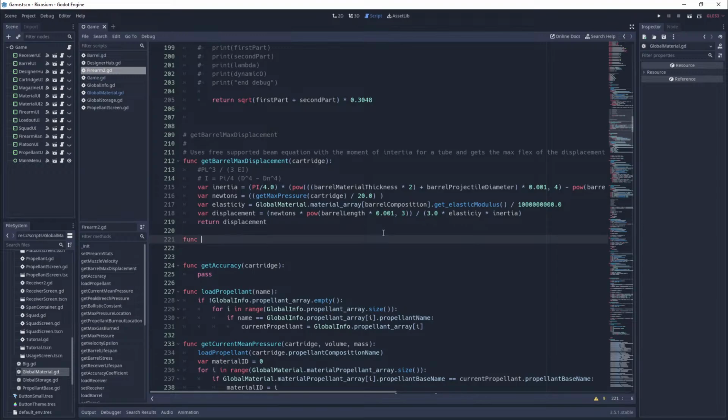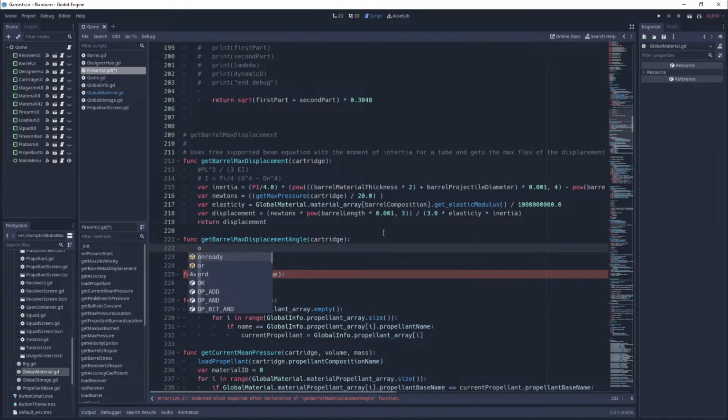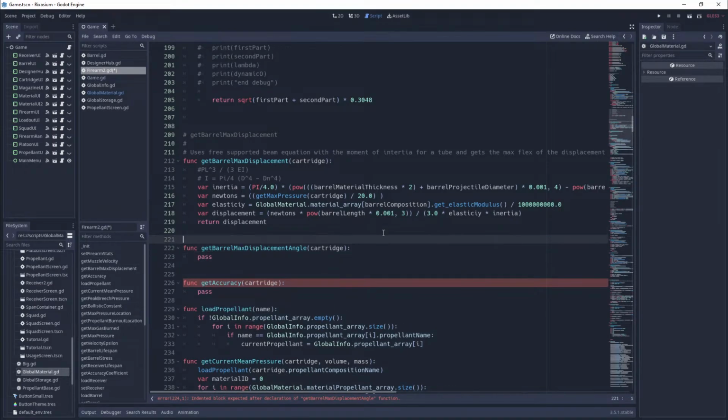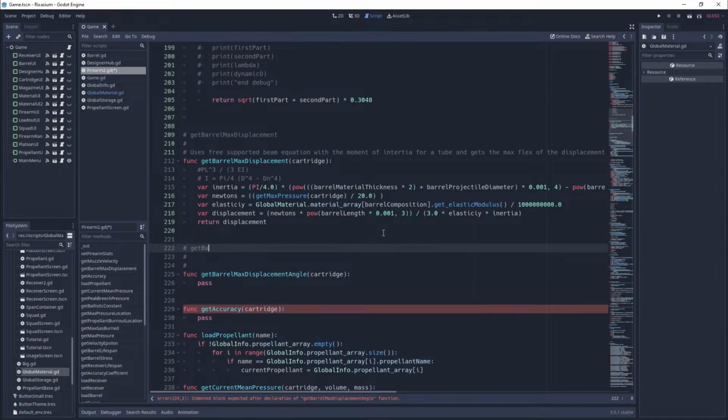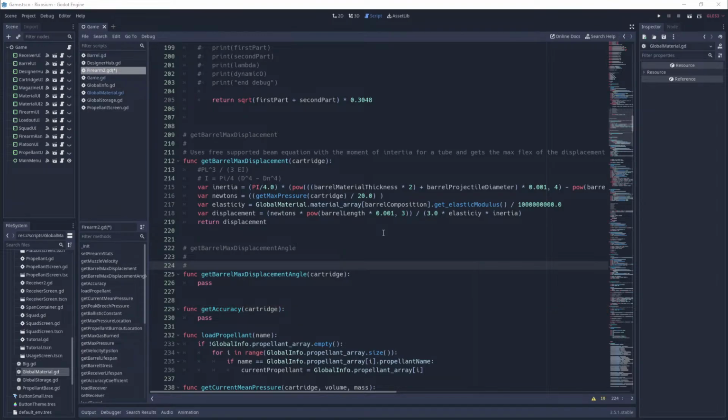So before we get started on testing those, we want to get barrel max displacement angle. And what this is going to do, let's just start doing some real documentation. So we already do have some documentation.